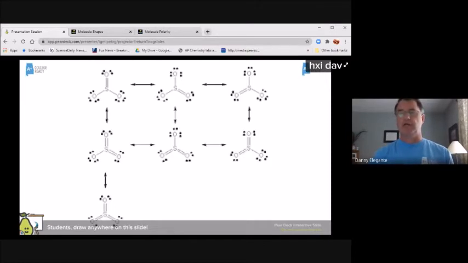And you can just write right on the diagram. You can just write whatever you think the formal charge of sulfur in that second row of molecules is.